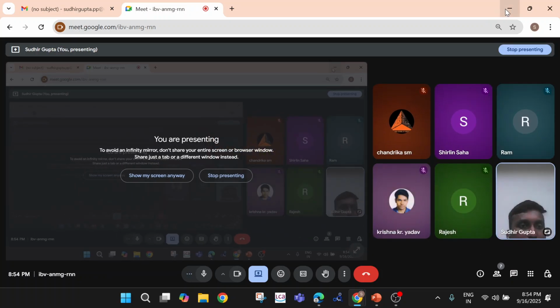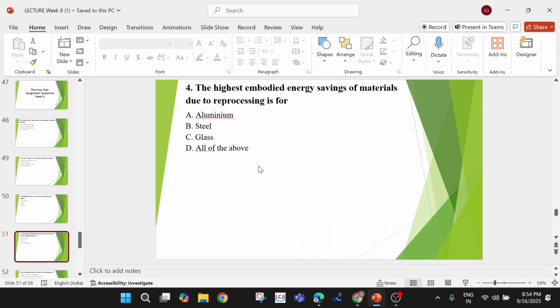Chandrika is marking B, but option A is the correct answer for this question number 4, because it is asking about the highest embodied energy saving of material due to reprocessing.